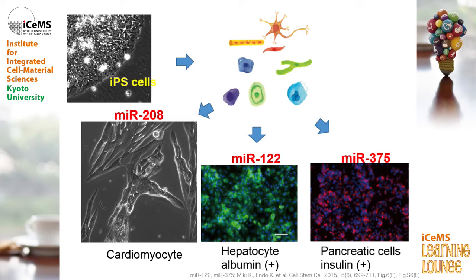For example, microRNA 208 could purify the cardiomyocytes, and the purified cardiomyocytes started heart beating. And the other microRNA responsive switches also could purify the hepatocytes and pancreatic cells respectively.